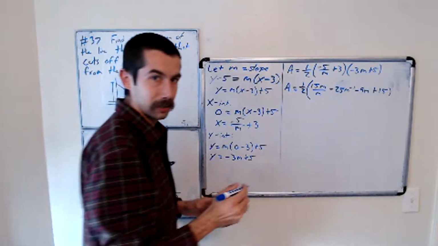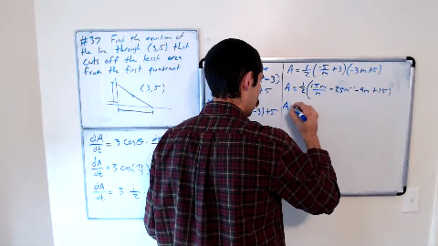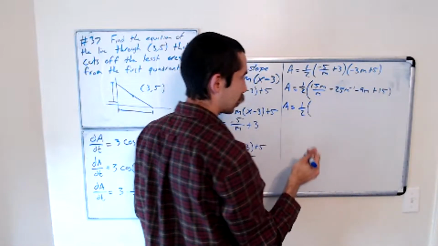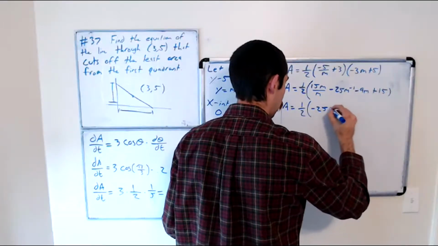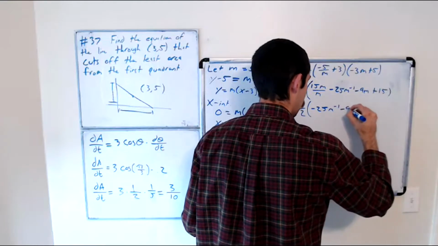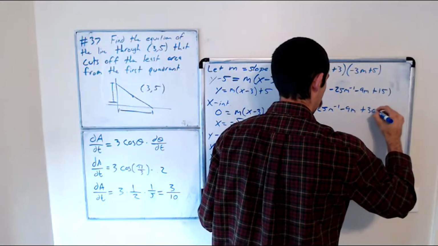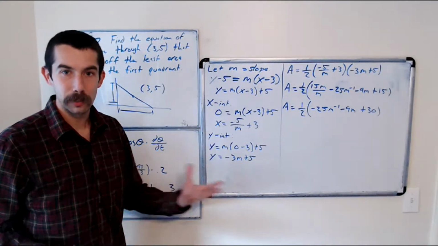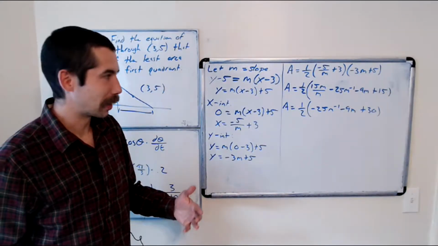Okay, so before we can get to the derivative, A is equal to 1/2. This is 15 plus 15, that's 30. So we have negative 25m to the negative 1 minus 9m plus 30. So we want to minimize this, right? So how are we going to do that?